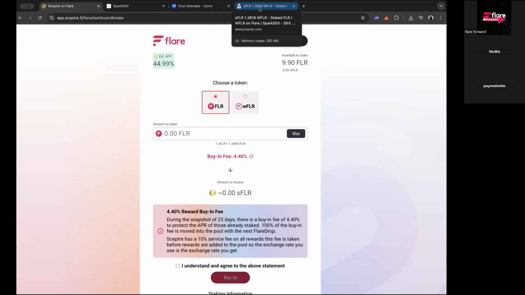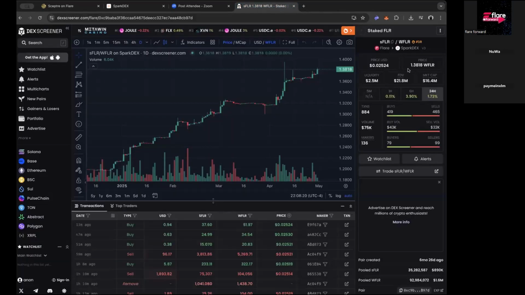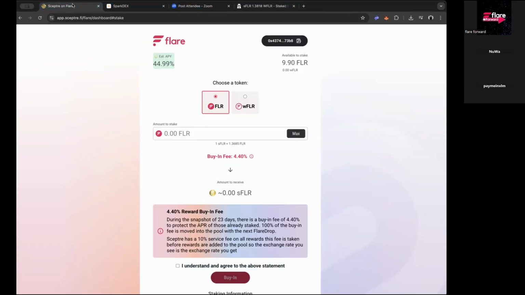So that accounting gives this price. This price comes from a smart contract. The other price comes from offer and demand of both assets. This price, yes, the 1.38. Gotcha. Okay.